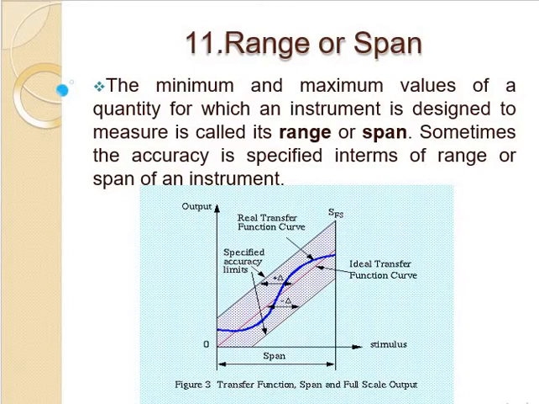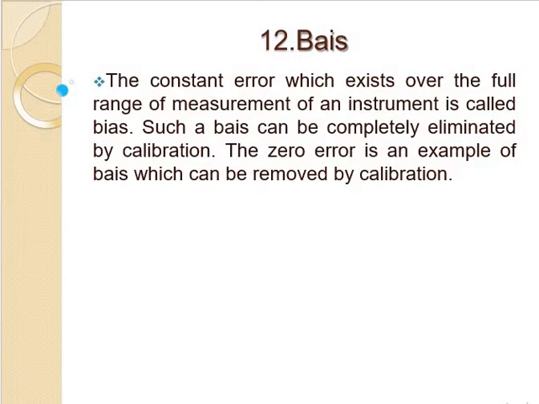Okay, next we will see bias. What is bias? Bias is the constant error which exists over the full range of measurement of an instrument.